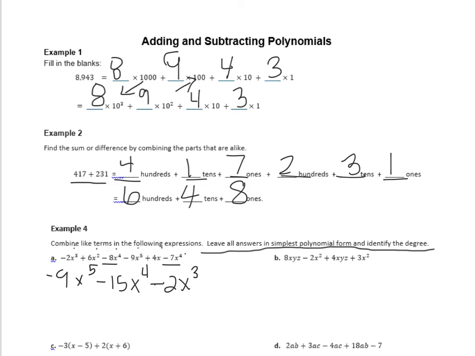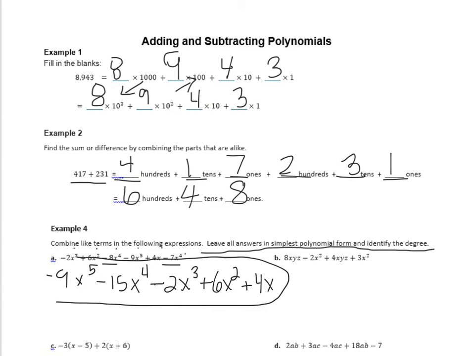And we have only one term to the second power. It's positive 6x squared. And then we only have one term to the first power. It's positive 4x. Now, since there are no other like terms, and since all the exponents are in order from greatest to lowest, then you're done. It's written in standard form and there's no like terms to combine.